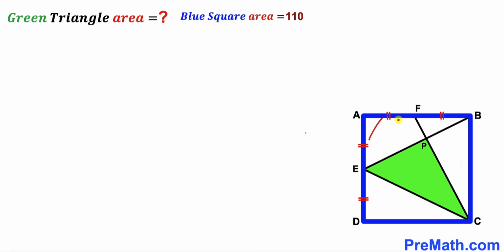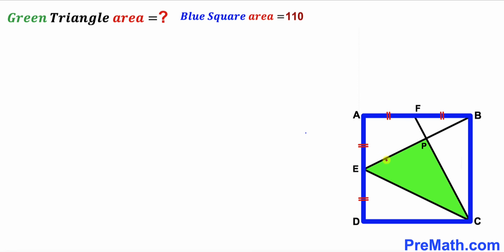Let's focus on this blue square ABCD. We know the area of this blue square has been given to us as 110. Now we are going to focus on this triangle BCE. Its base is the side of this blue square, and the height of this triangle is this side of the blue square as well.